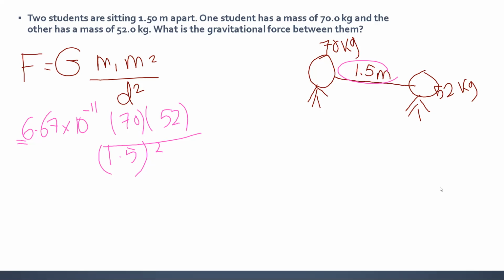They found that the force between them is 1.07 times 10 to the power negative 7 Newton. This is the force between the two students sitting 1.5 meters apart.